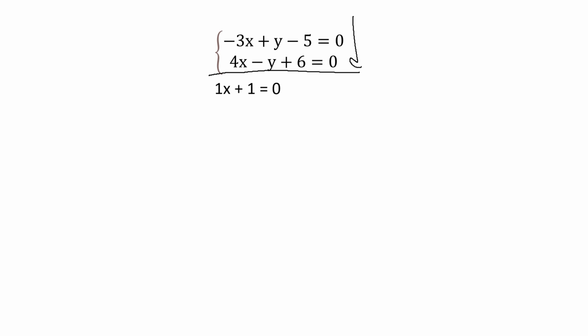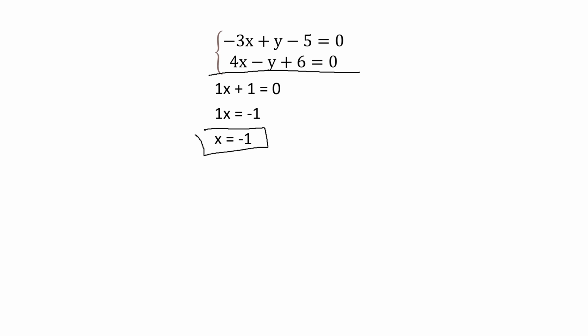My y's go away. 0y goes away. -5 plus 6 should have 1. And I'm going to do this a little bit quicker because you should have already done it. All right, now I'm going to work through my steps of solving for x. Move my 1 over, so -1x equals, nope, +1x equals -1. Divide by 1, so x equals -1.